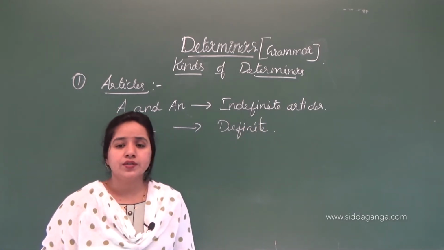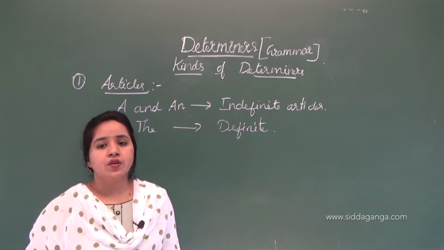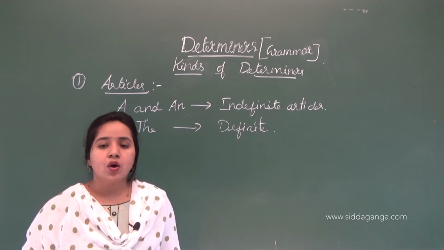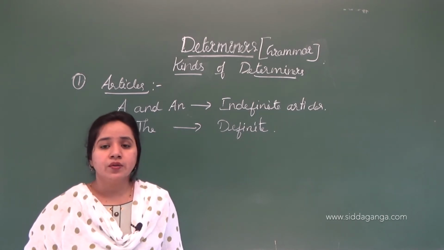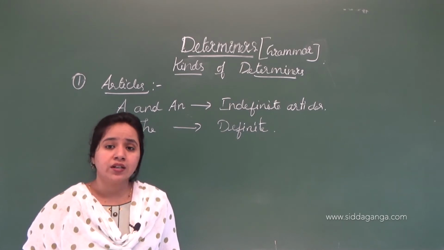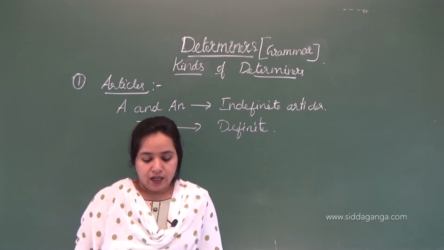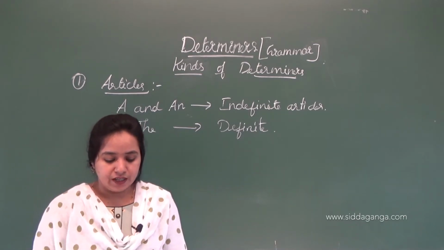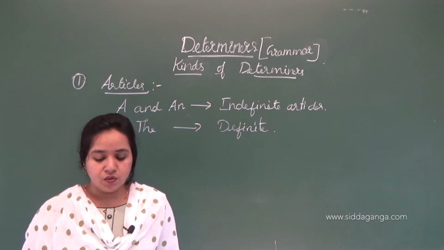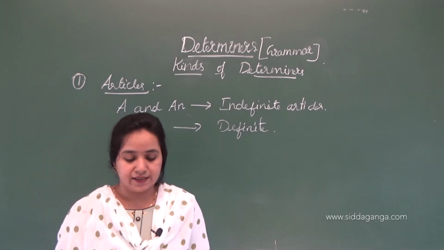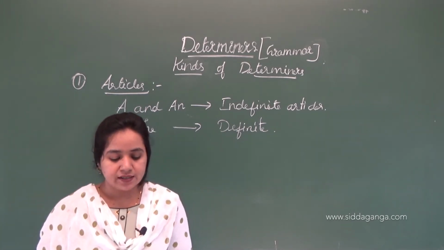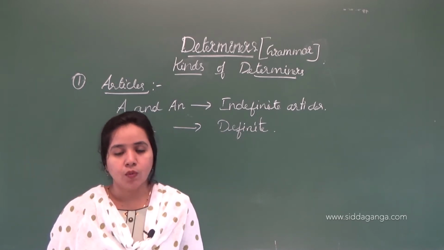Today's class we are going to learn in what way we are using these articles according to the rules of grammar, in what conditions we use definite and indefinite articles. We can study the use of articles under 3 heads: use of definite articles, use of indefinite articles, and omission of articles.